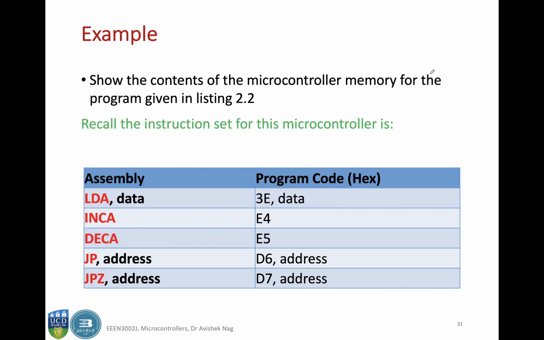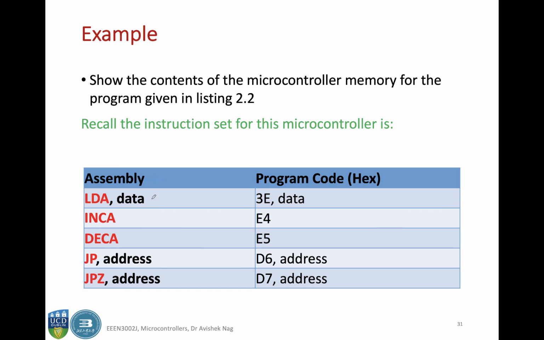Okay, so let's do an example. Show the contents of the microcontroller memory for the program given in listing 2.2. So you saw the program, which is again repeated here for your convenience.